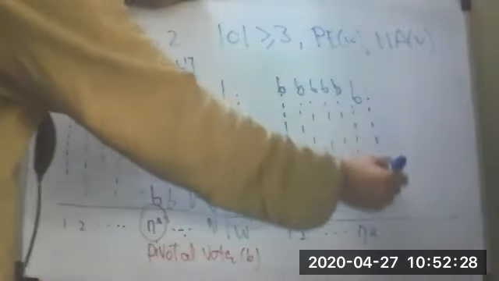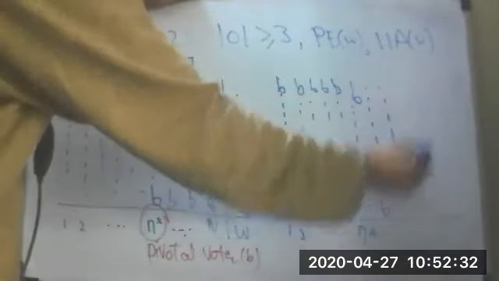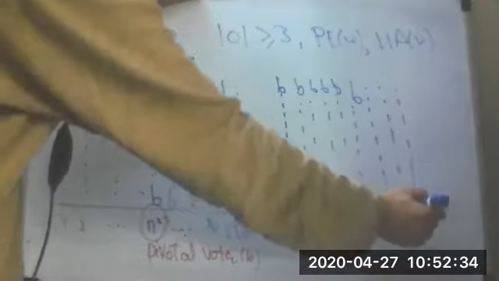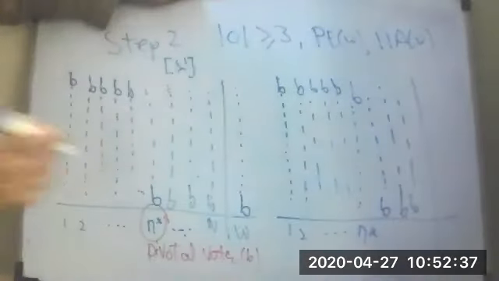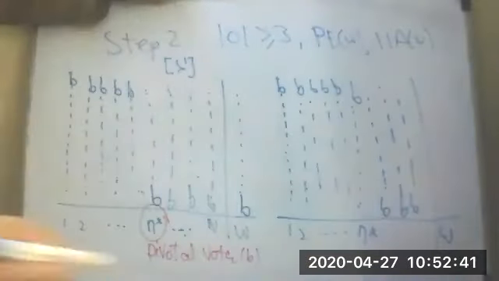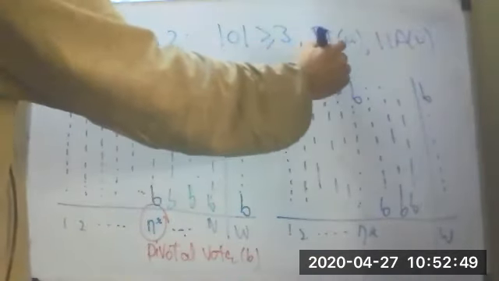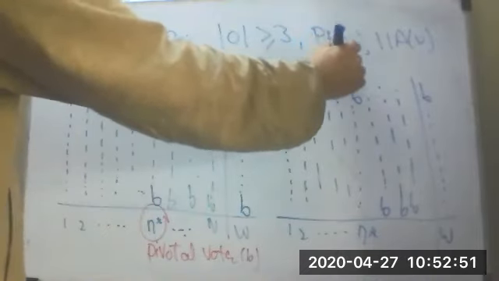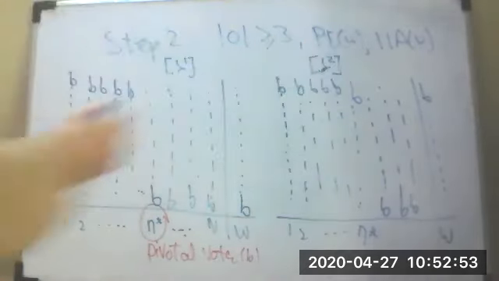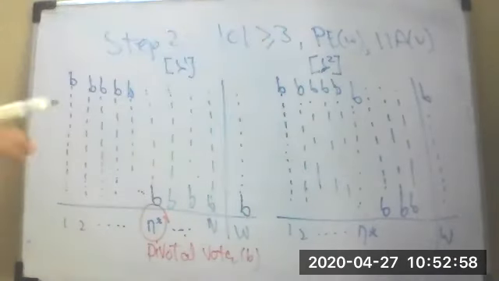Everybody after n star, so n star plus 1 onward, has B at the very bottom, in which the social welfare function has moved B to the top of the ranking. This preference profile we call the second preference profile. So this is the first one, and this is the second one.